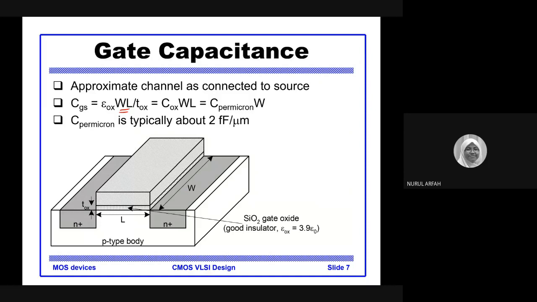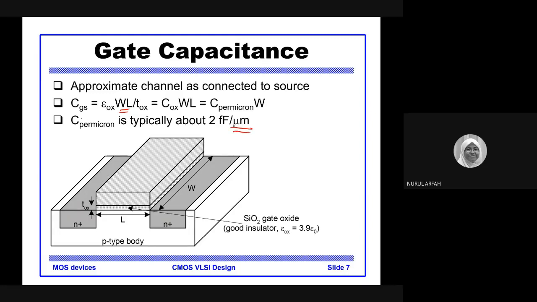What is the C per micron? It is a capacitance per micron, which means that you can partition the gate into smaller squares. That's why they put it per micron, per 1 micrometer.